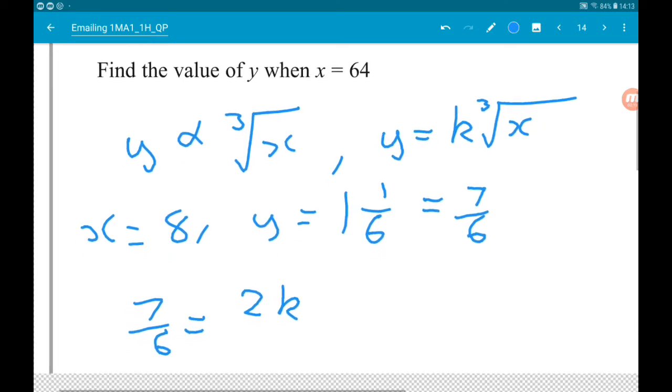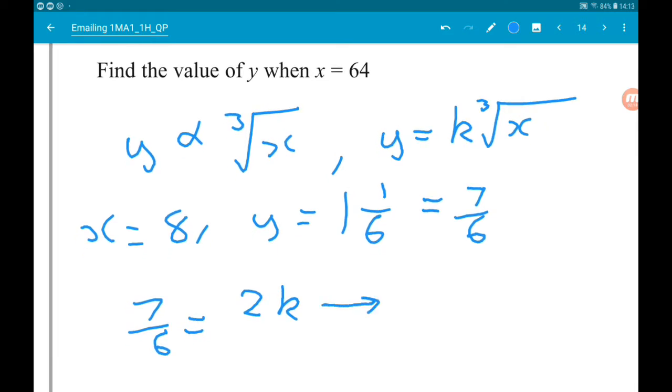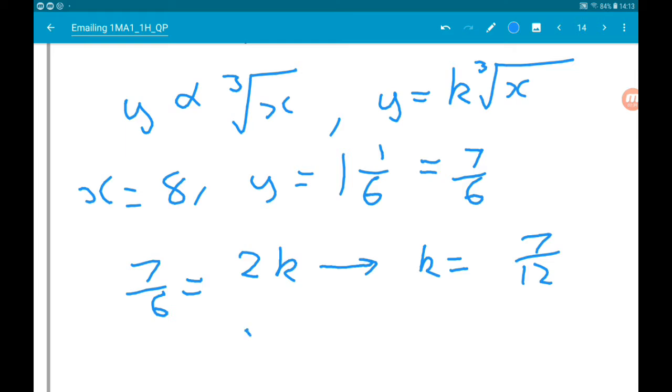Now that means then, if we divide both sides by 2, 7/6 divided by 2 is 7 twelfths. So k is 7 twelfths. So that now tells us then that y is 7 twelfths times the cube root of x.